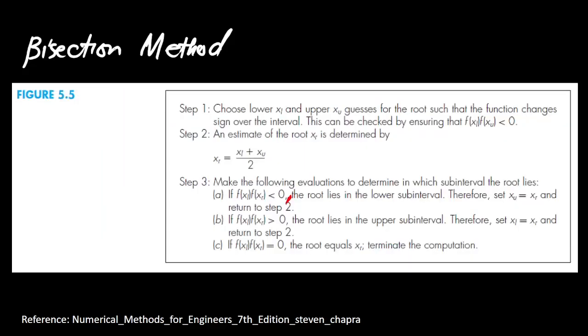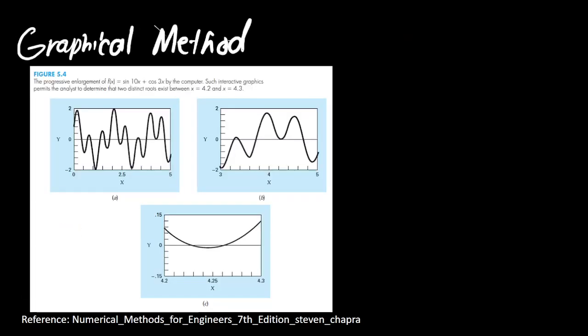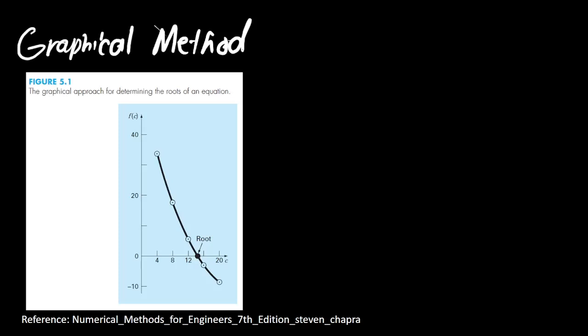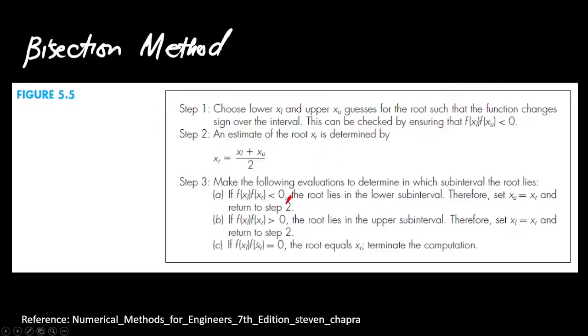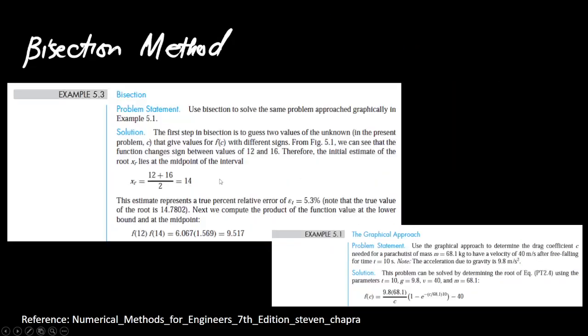It's kind of safe to declare that guess because from the graphical method, the root is between 12 and 16. So when you calculate your x sub r, you know that the equivalent value is 14.